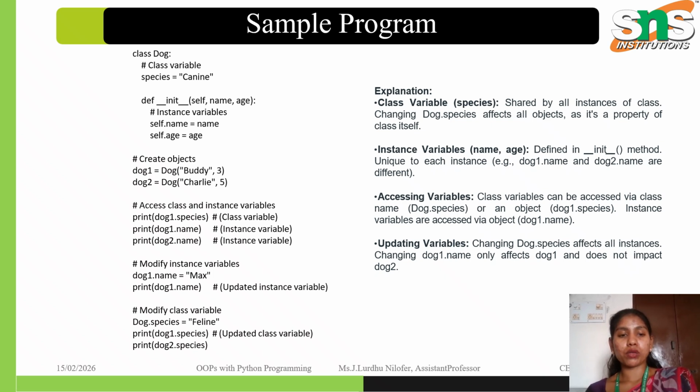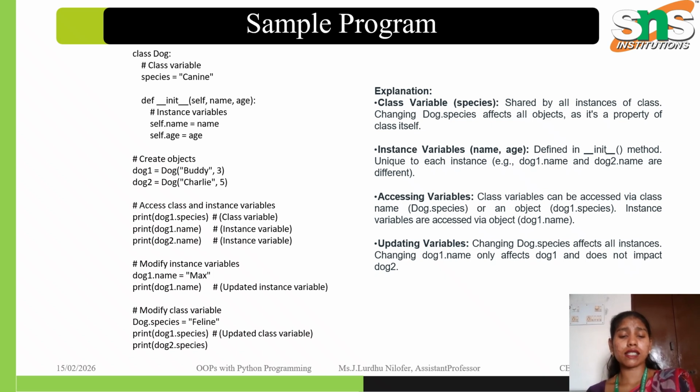How to create objects: dog1 is object one, and we call Dog, the class name, with the attribute values. Then dog2 is object two, again calling the class name and inserting the values of the variables.